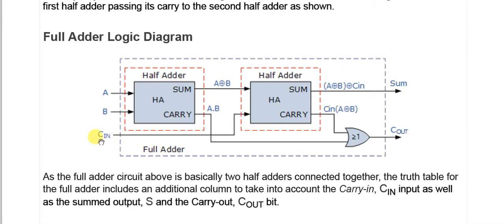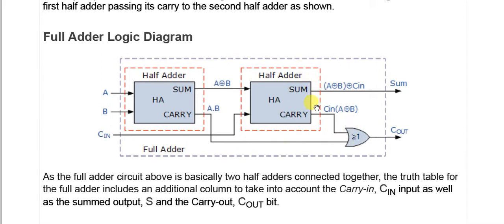That is fed into the second half adder, while the carry bit from the first half adder is fed into the OR gate.